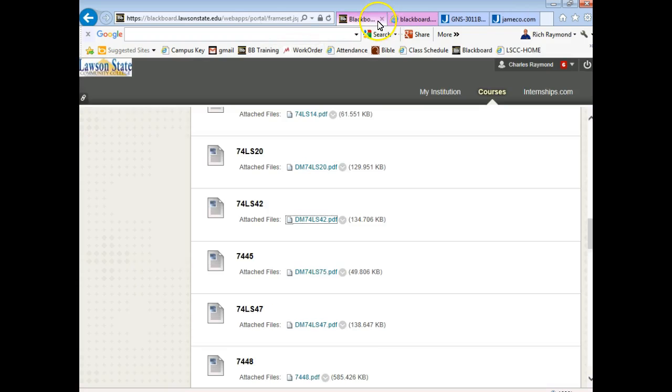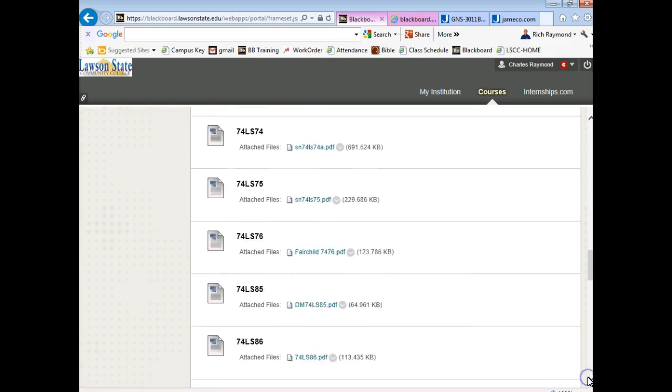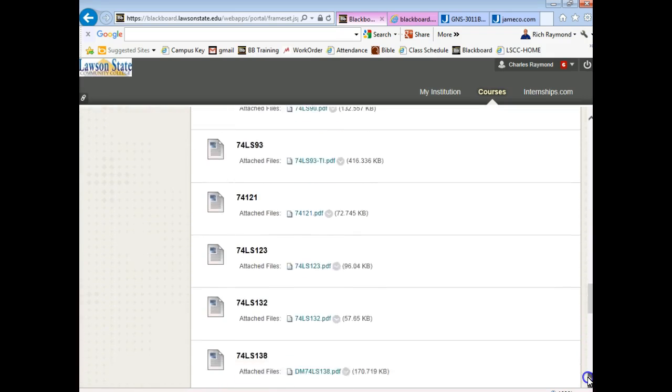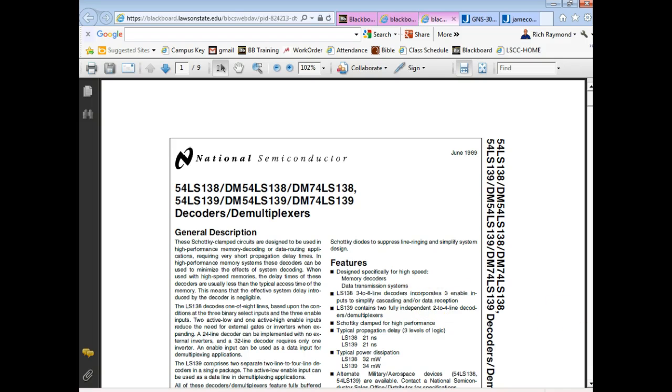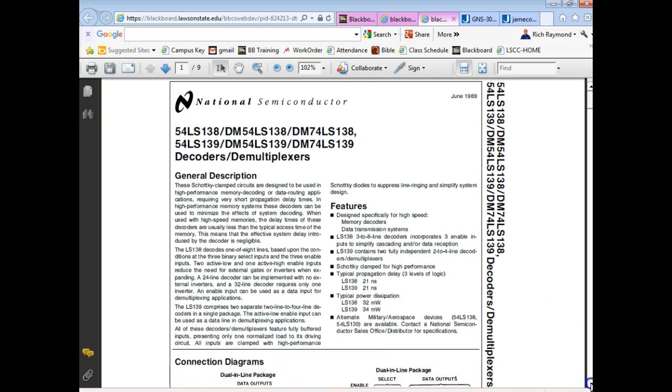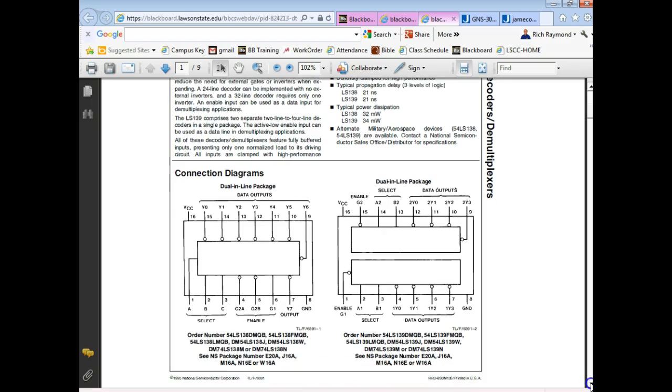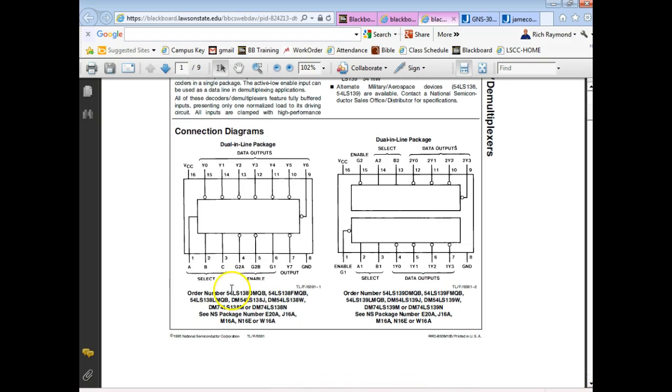So we'll go back here and look up 74138. That's a decoder. Let's look at the pinout. The select inputs are labeled A, B, C. That's 3 bits of binary, and C is the most significant bit, and A is the least significant.